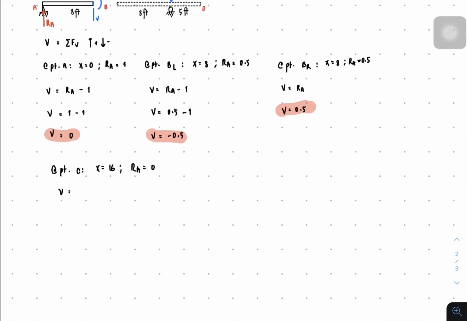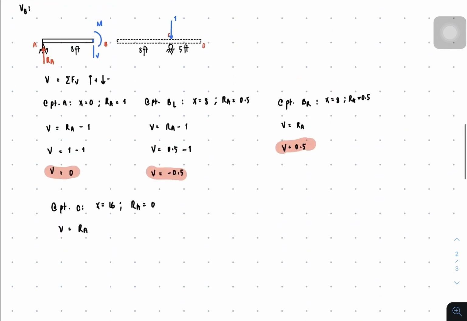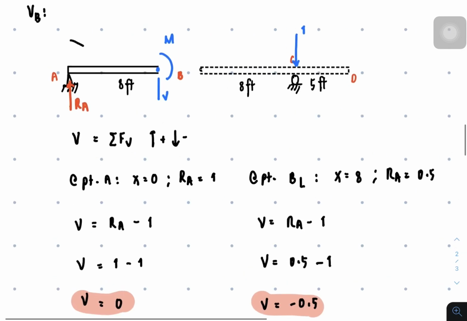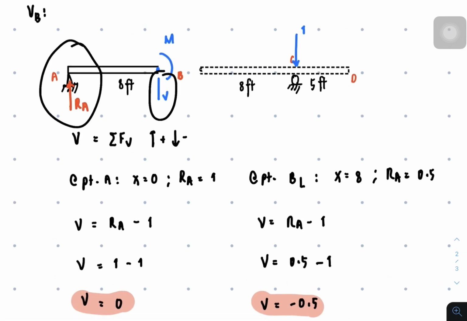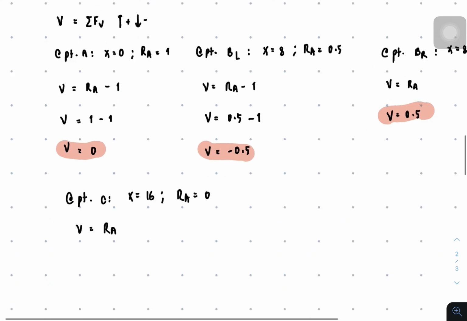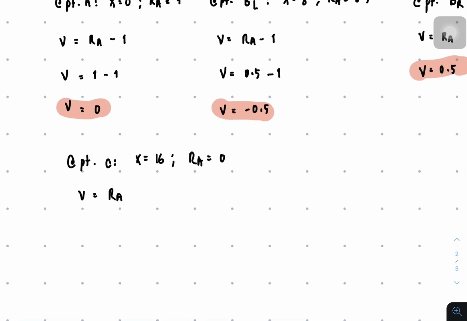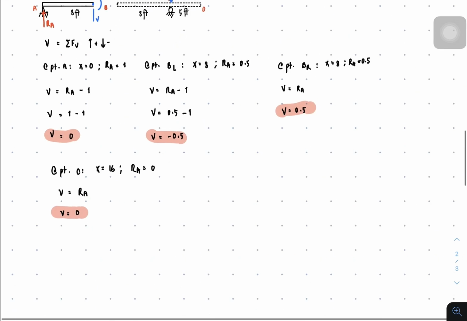Then the shear equation is only RA. So again, the only force nga naa diha is this and that. That's why mo equate na siya that shear V is equal to RA, and that RA is equal to 0. This is your shear.